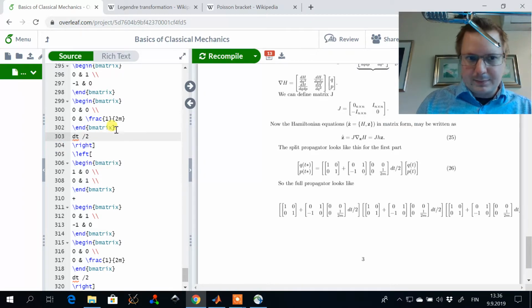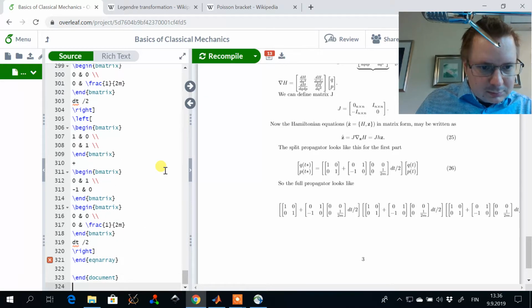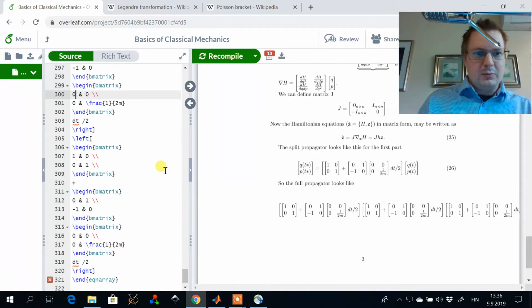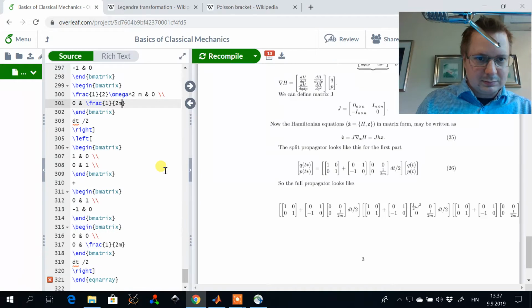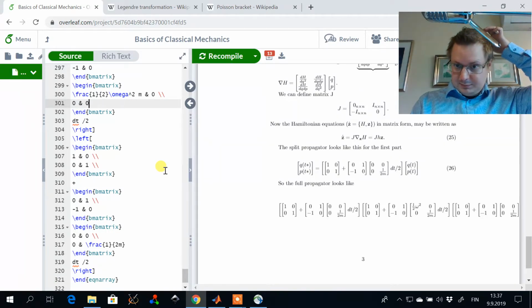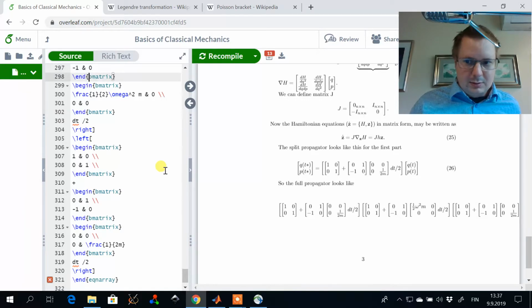And the first one was that one, and the second one was that one, but then the middle one was about the potential energy. So it was 1/2 omega squared m, and here was 0, like so.